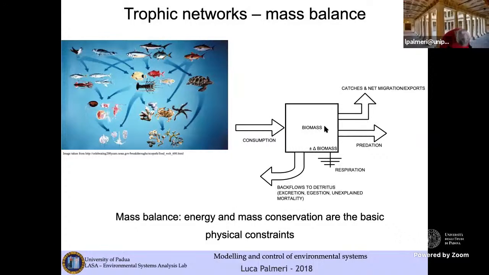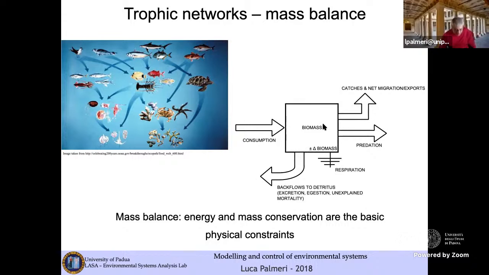Then this box decreases as a consequence of predation. So these are other elements in the trophic networks that take away biomass from the compartments and convert it into their own biomass. Then you have catches and net migration or exports. So these are elements that are taken away from the system, for example, fishery or migration, due to the fact that these organisms are motile, so they may move to some other places.